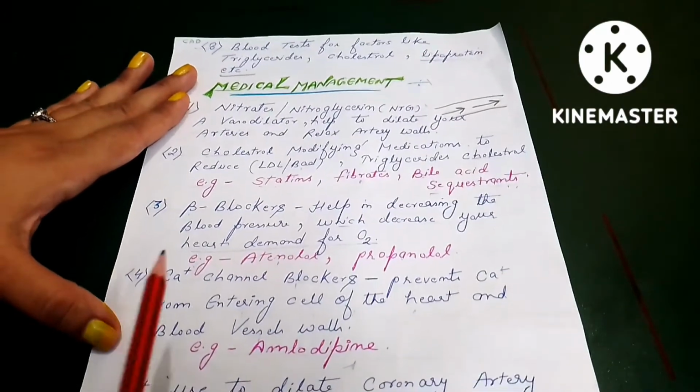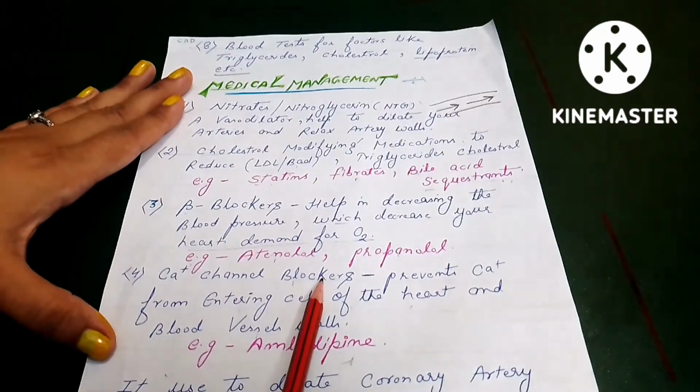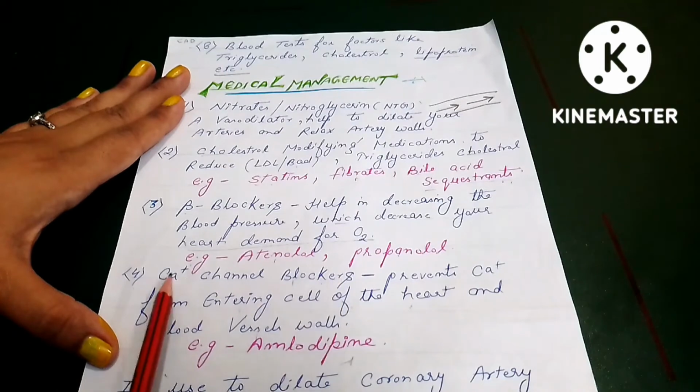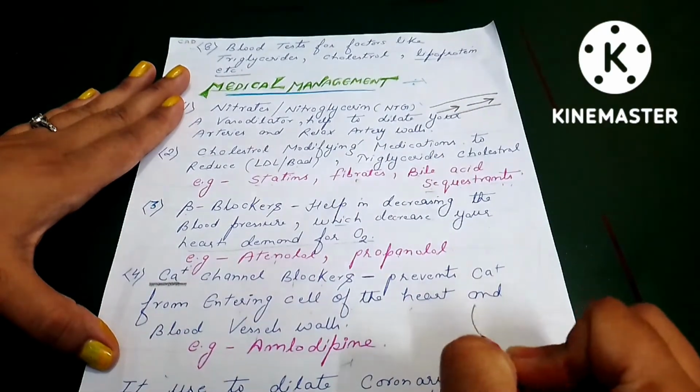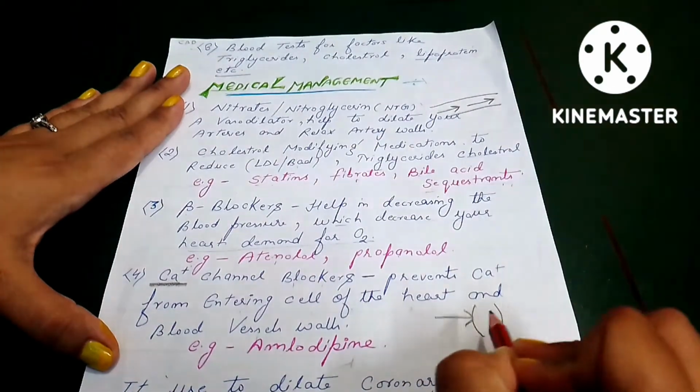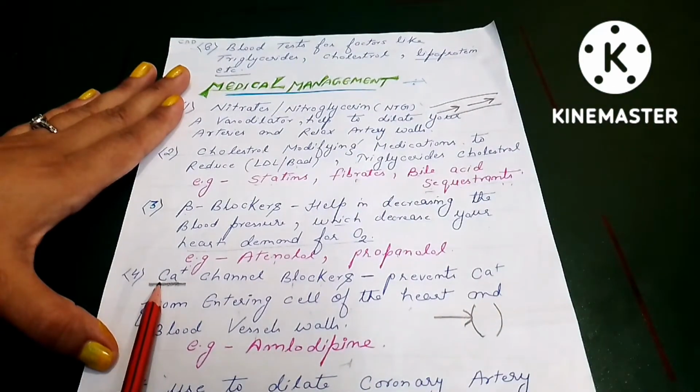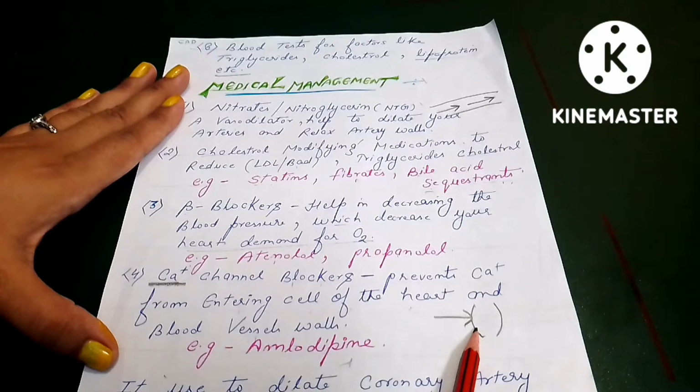The next drugs are calcium channel blockers. Okay, calcium channel blockers block calcium because calcium gets influxed into our cells. Okay, so when calcium influxes into our heart myocardium cells or our blood vessels, it will contract them.